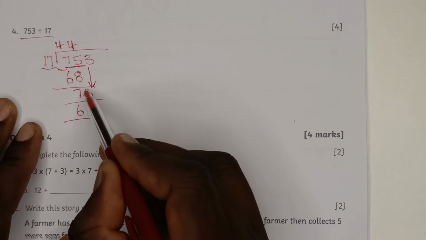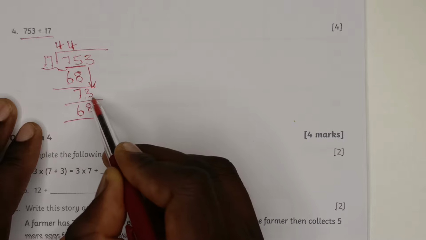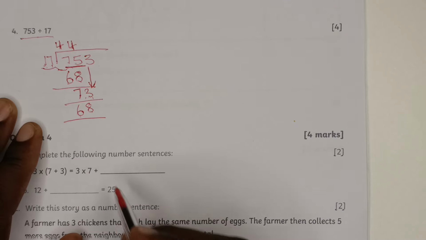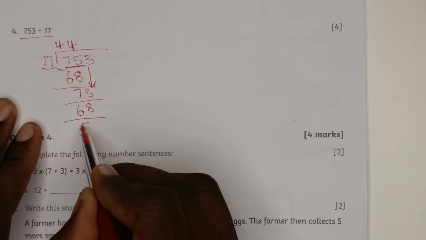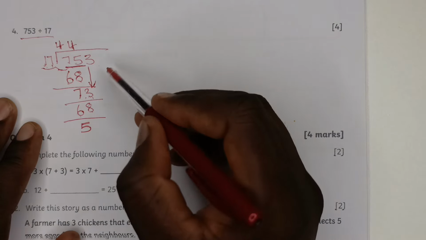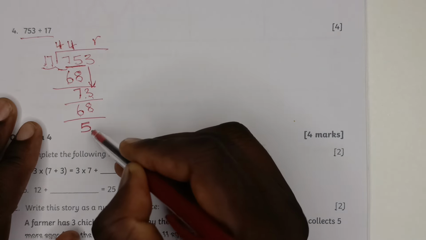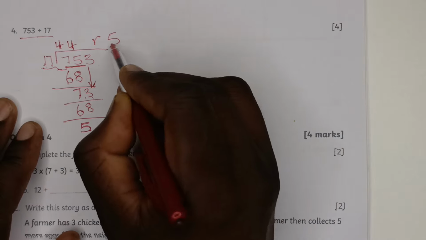Then now we subtract 68 from 73, is 5. So the correct answer is 44, remainder 5.